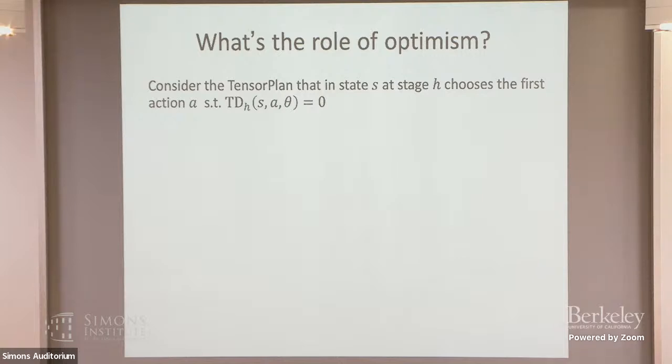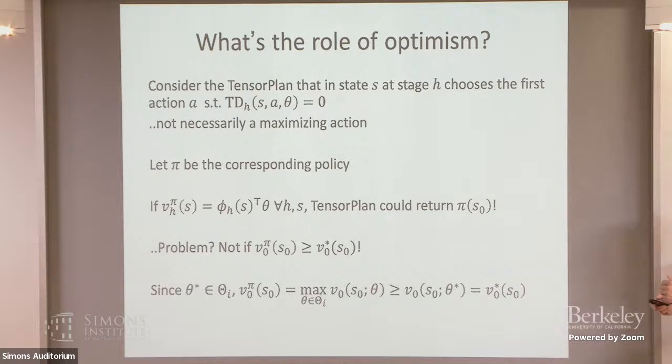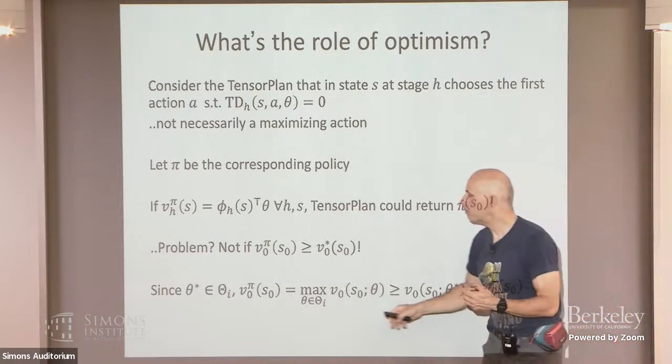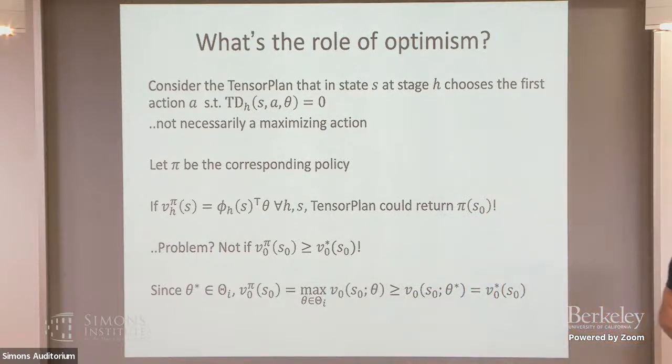The way to get out of this is that you want policies which have high value, so a natural choice is to be optimistic with respect to the initial state. Then you can guarantee that whenever you stop, the policy you get, if you haven't eliminated the optimal policy, is going to be optimal.